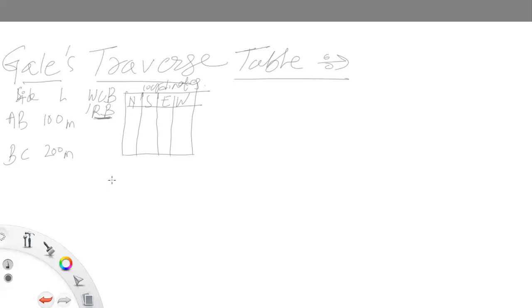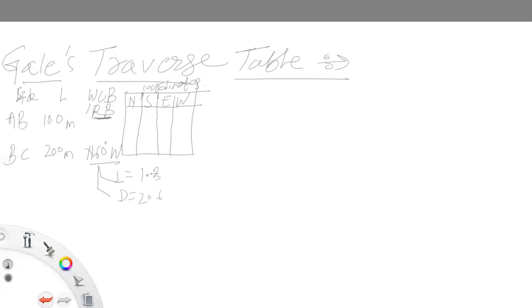For example, if your reduced bearing is north 60° west, then you will find some value for latitude and departure. Suppose from this you have L equal to 1.3 and D equal to 2.6.